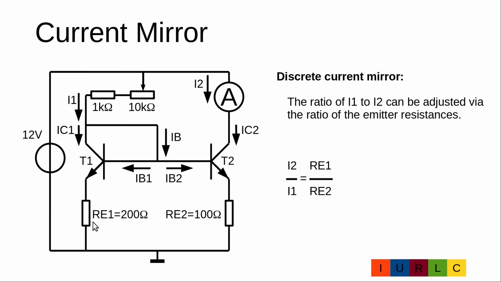But make the ratio of RE1 and RE2 not too big, because then you move to different operation areas of T2 and T1, and this could lead to a nonlinear behavior of your current mirror.